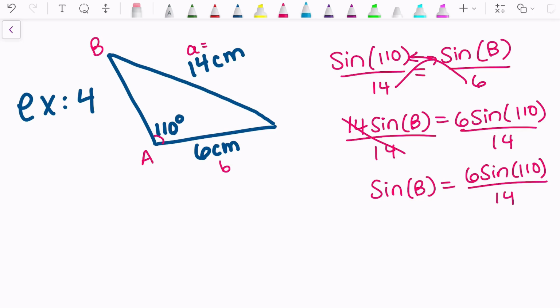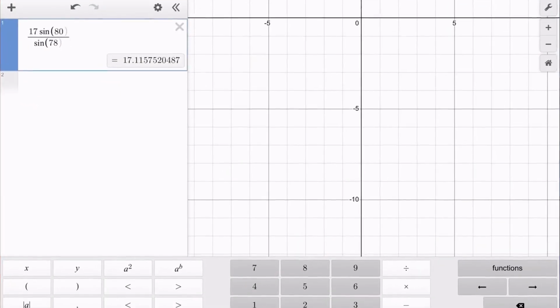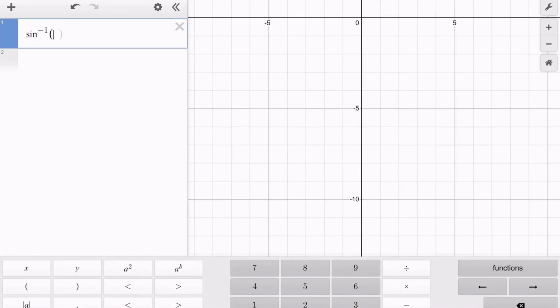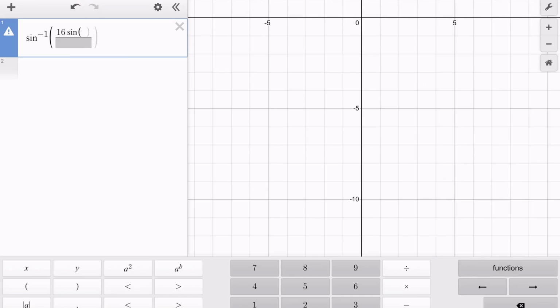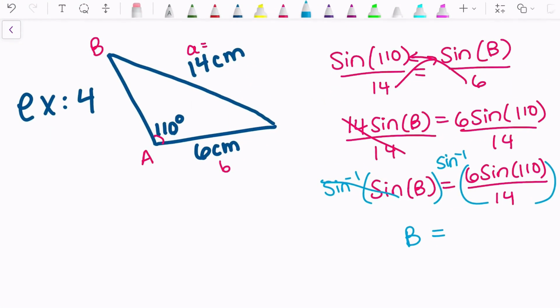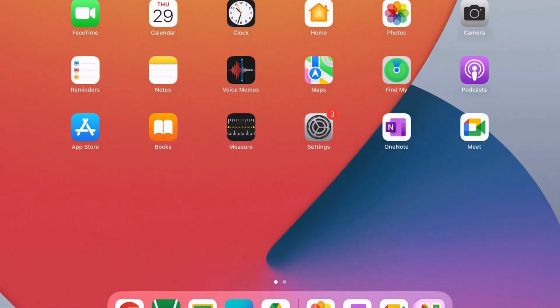And I'm going to take the inverse sine of both sides. And I'm going to type that into the calculator. So 6 sine 110 over 14.